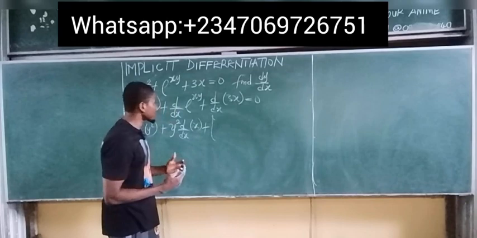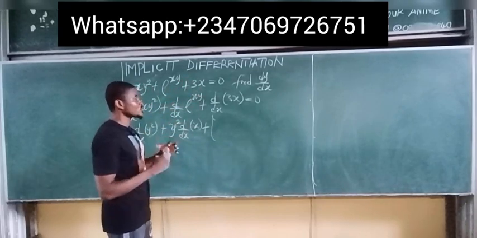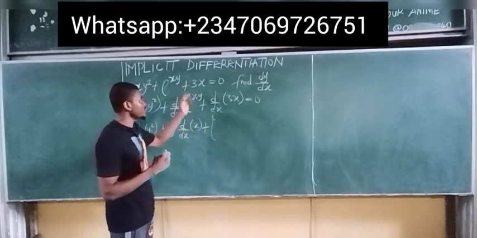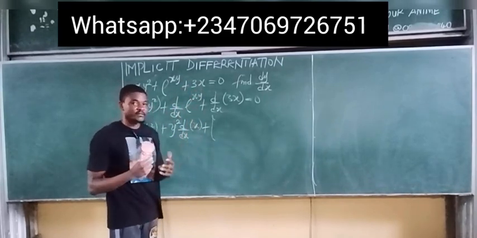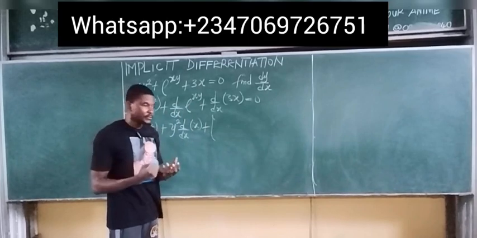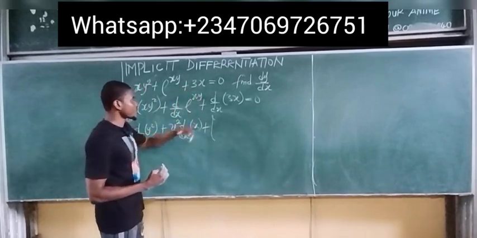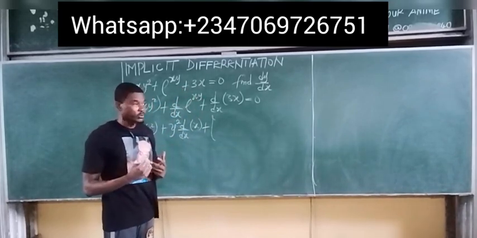So I have the power now to be x multiplied by y. So all I need to do is simply differentiate this power xy, then use that derivative to multiply the exponential function itself. That gives me the whole differentiation. Now to differentiate xy, of course I'm going to employ the product rule.